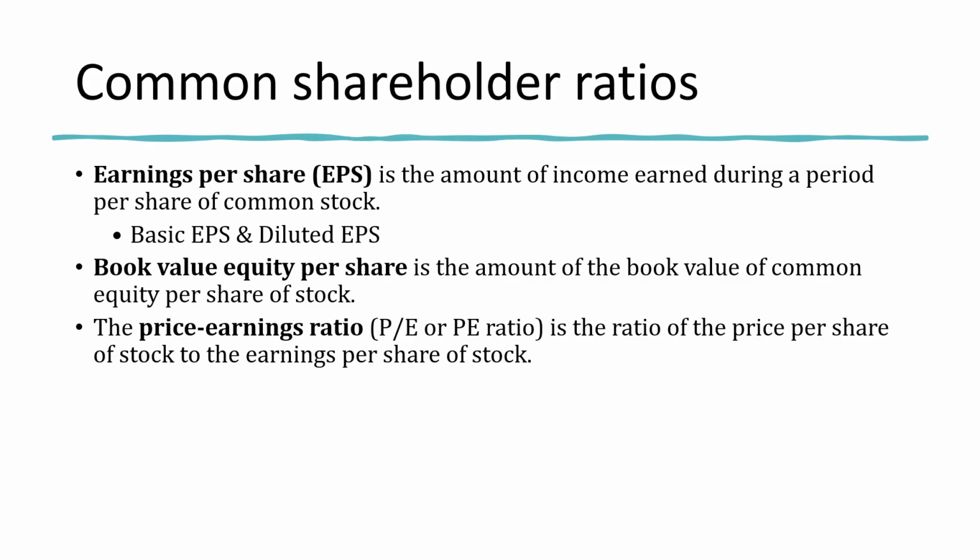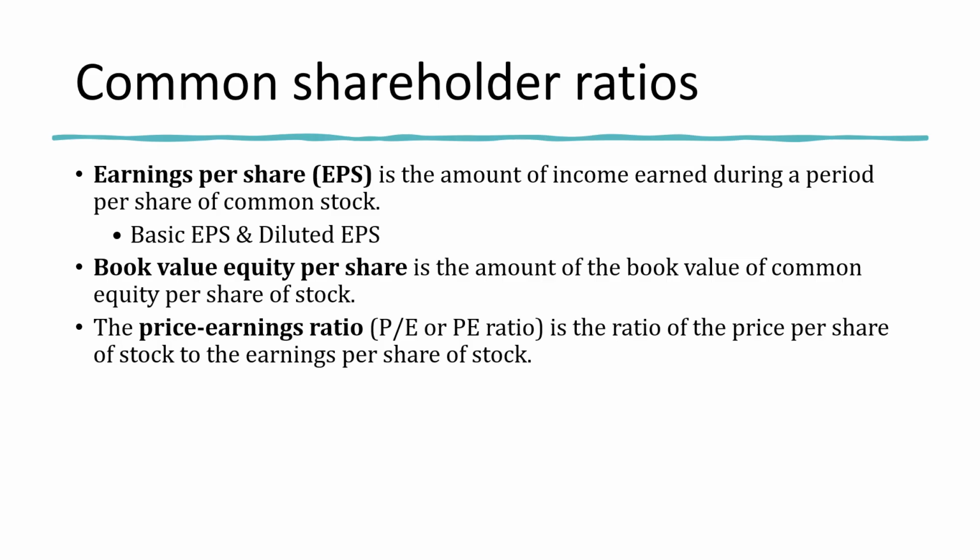Book value equity per share, you're talking about the book value of common equity. So you're taking the shareholders' equity or stockholders' equity right from the balance sheet, and you're dividing it by the number of shares of stock. And then the price earnings ratio, also referred to as the PE ratio, it's the ratio of the price per share of stock compared to the earnings per share.